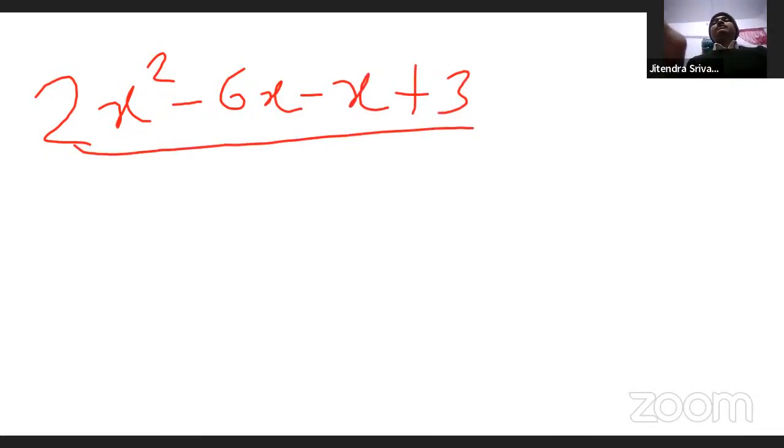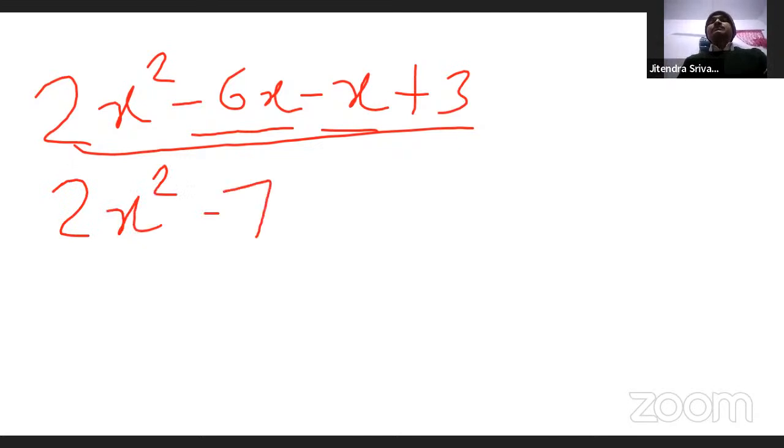What we can see here is this minus 6x and minus x can be added because they have like signs. So like signs are added without changing their sign. So it will be 2x square minus 7x, because we have to add these as both have the same signs. So it will be minus 7x plus 3.